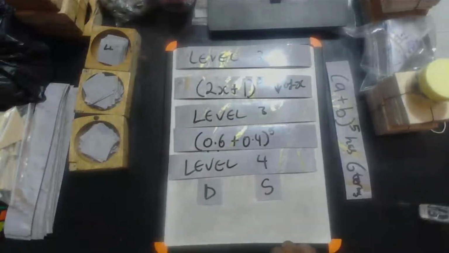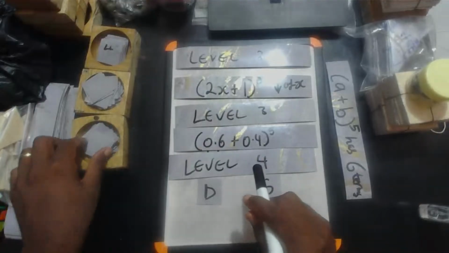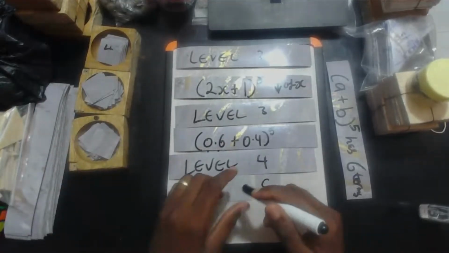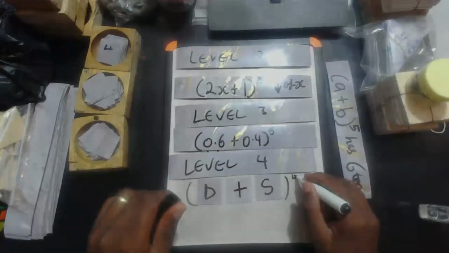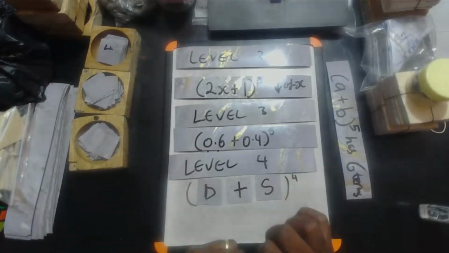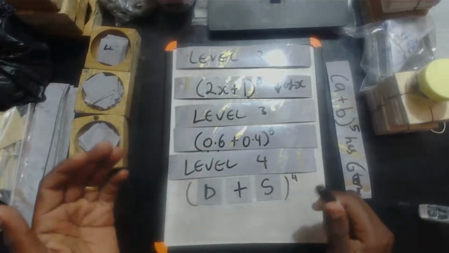They want to model different sales combinations over a 4-week period using binomial expansion. So the task is to create a real world scenario where (d + s) to the power 4 represents different combinations of sales.